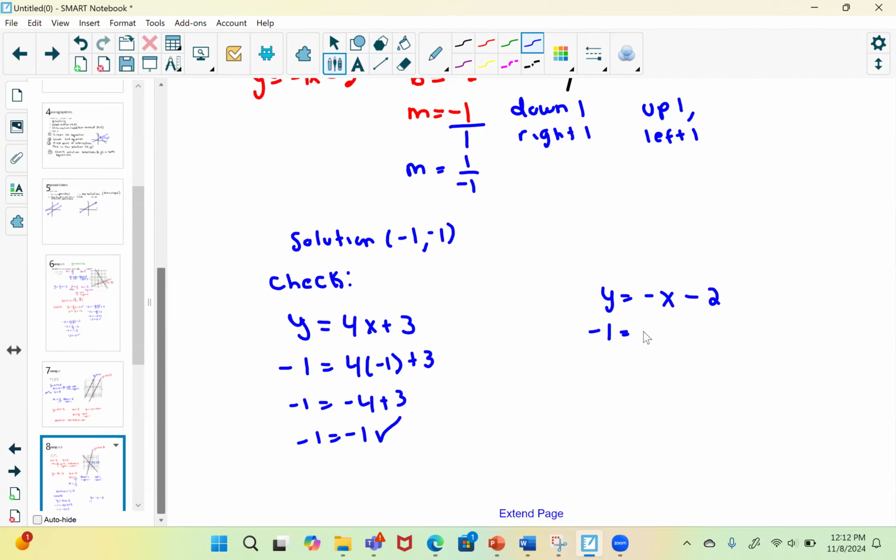We have negative 1 equals negative of negative 1. We still have that negative sign. Our x is still negative. Remember, this is my x, this is my y. We have negative 1 equals, okay, a negative and a negative, that's a positive. And then 1 minus 2 is negative 1. Okay, and so that is how you do systems of equations when graphing when they're in y-intercept form.